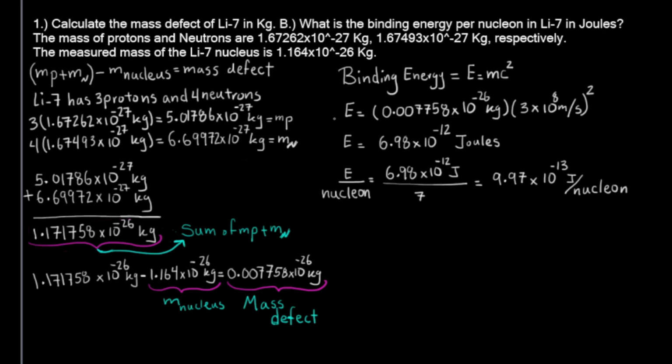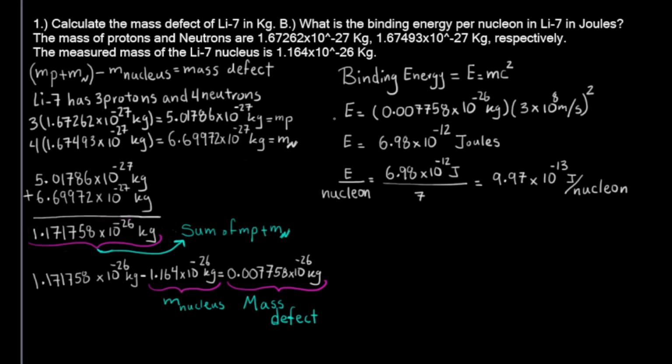Once we subtract these two values from one another, we get a value of 0.007758 times 10 to the minus 26 kilogram. This value is the mass defect, or the difference between the sum of masses of free protons and neutrons minus the actual measured mass of the nucleus.